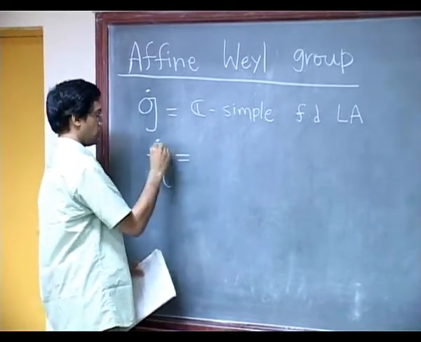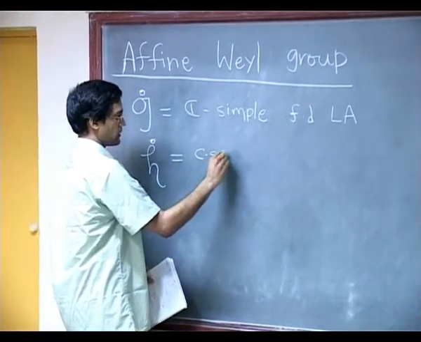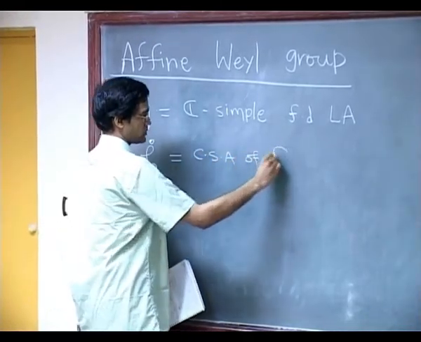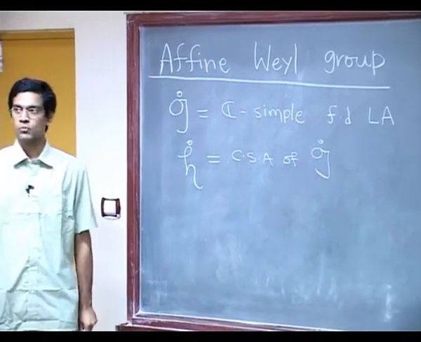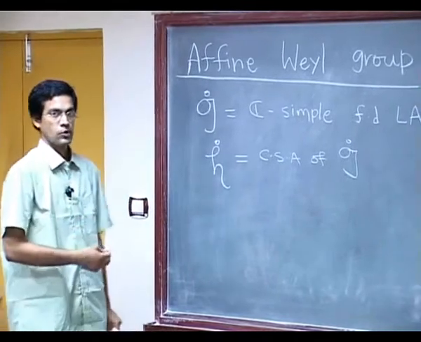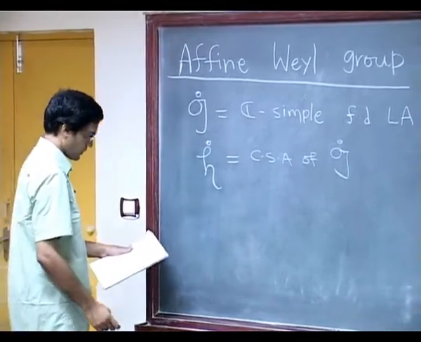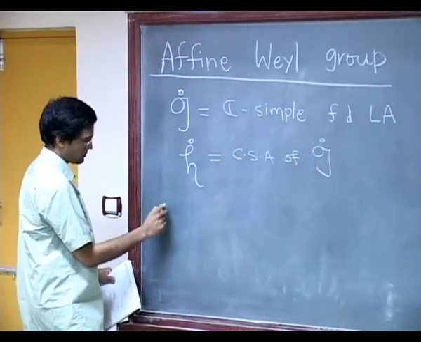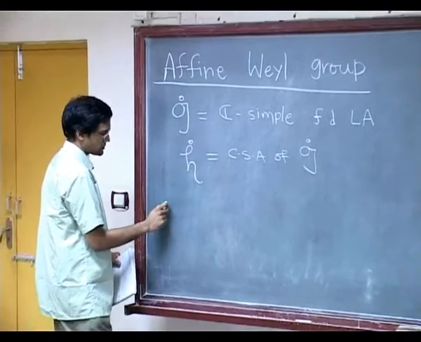So this is a Cartan subalgebra of G, and then we performed this loop algebra construction which produced the affine Kac-Moody algebra associated to G dot, what we call L hat of G dot.